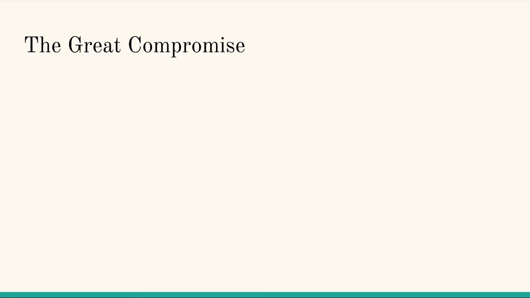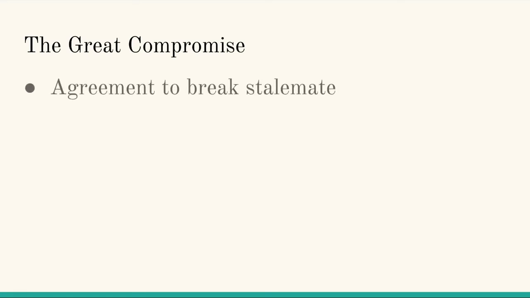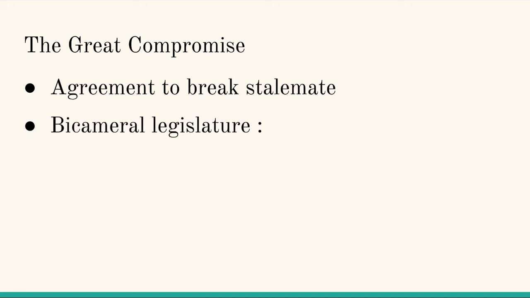The Great Compromise is what's developed to give people not the best of both worlds, because rarely are compromises like that, but enough that everyone's getting enough of what they want that they can move forward. It might not be a perfect agreement, but it's workable, right? So it breaks the stalemate.